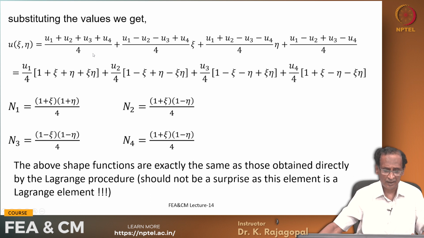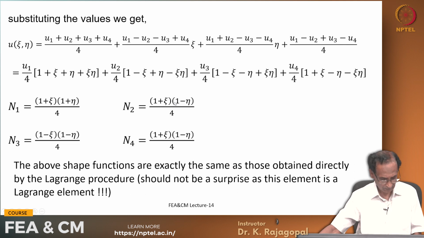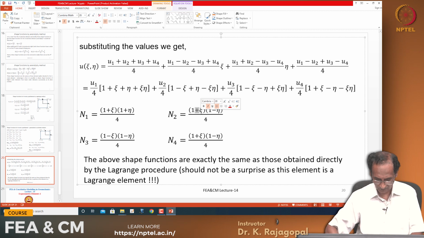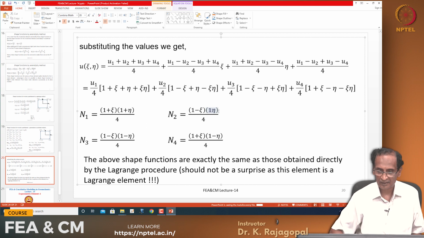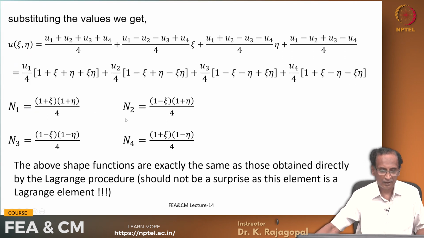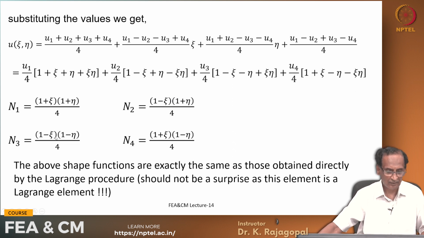Then once you substitute and simplify, we get our n1 as 1 plus xi times 1 plus eta by 4, and n2 is 1 minus xi times 1 plus eta by 4, and n3 is 1 minus xi times 1 minus eta by 4, and so on.